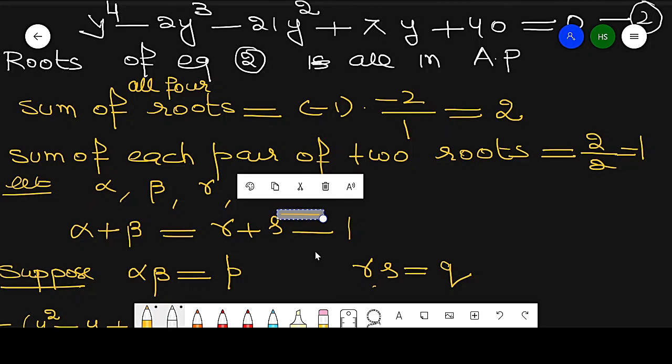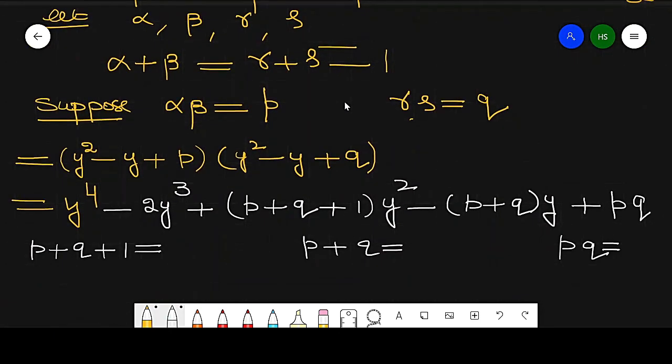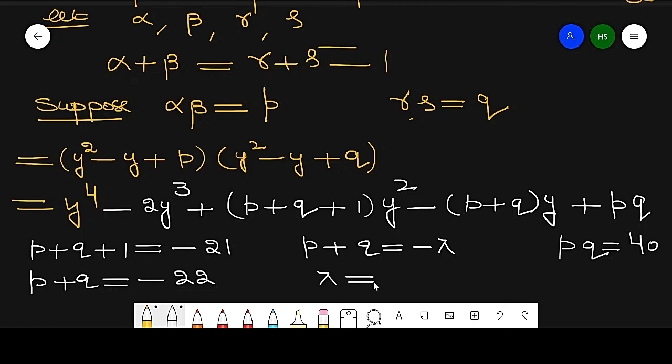So from this, p plus q is equal to minus 22, which means lambda is equal to 22, so we get the value of lambda. This is my first result, and second is pq, which is equal to 40.